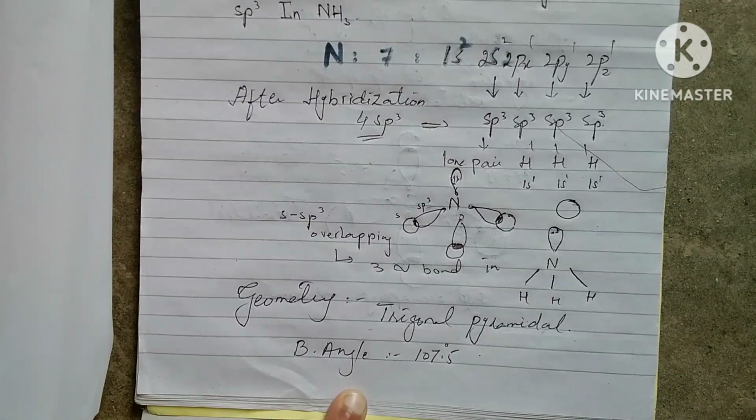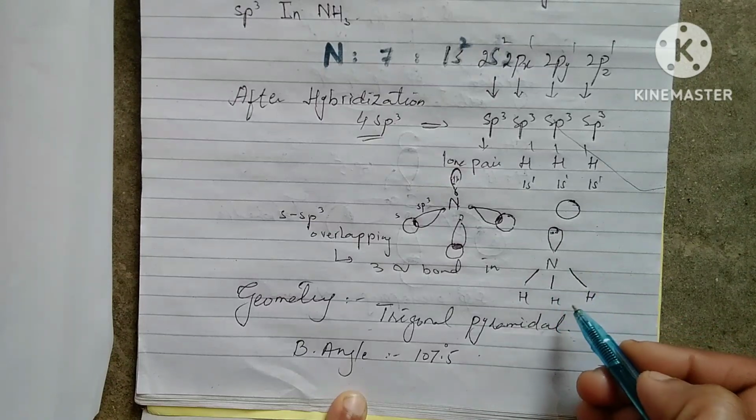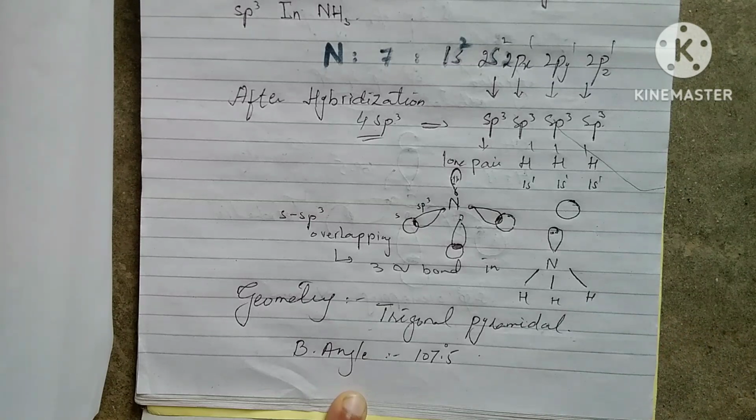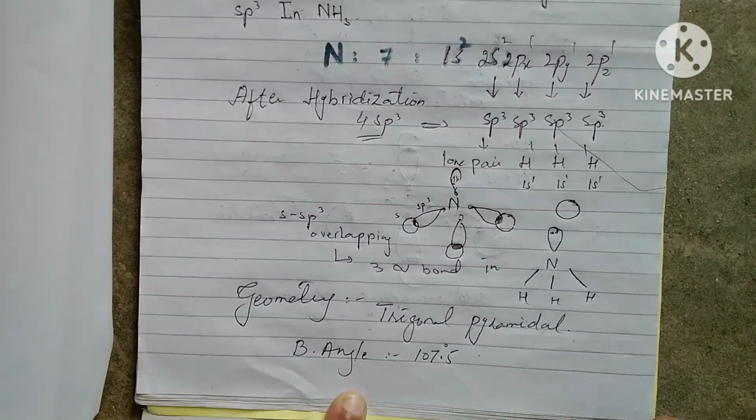So this lone pair will push all these hydrogen bonds towards each other, and the bond angle will decrease from 109 to 107 degrees. Okay, so that is all about the nomenclature and the geometry of ammonia.